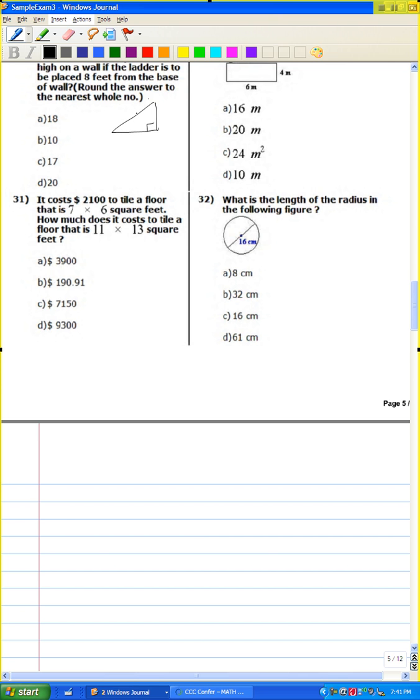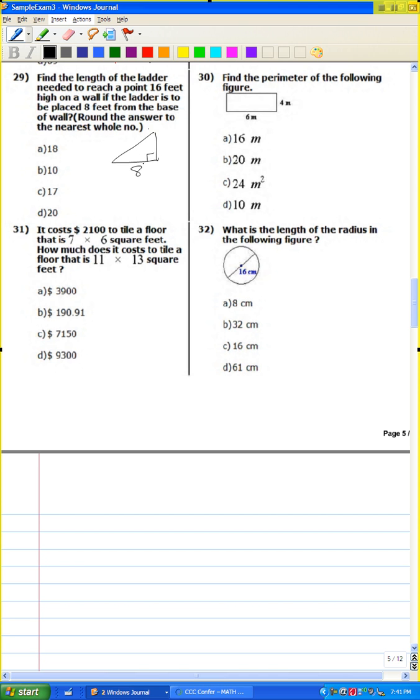So you are how far? 8 feet away and 16 feet high. I want to figure out X feet. Okay, so I know that, so see below.